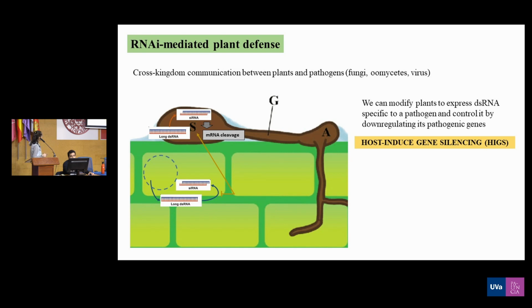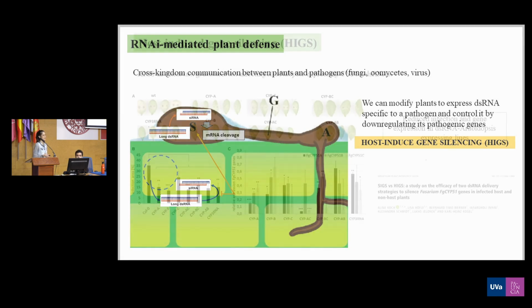And then these molecules go into the fungi, where they are processed by the fungal machinery, and they will cleave the specific gene that you want to silence. This is something known as host-induced gene silencing.